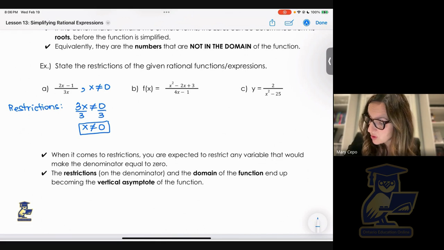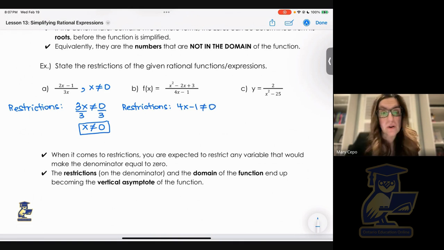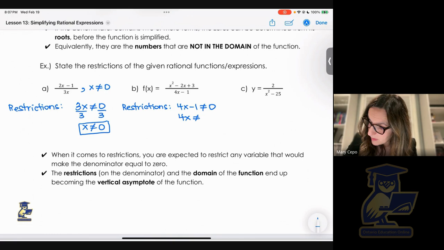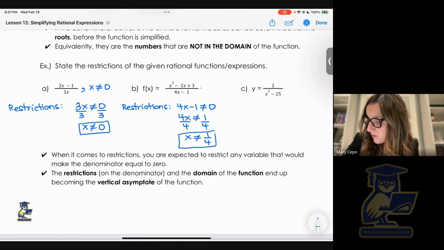Again, restrictions, we set the denominator equal to 0, and we solve for x. So bringing over that minus 1 is 1, divide both sides by 4. x cannot equal 1 over 4.